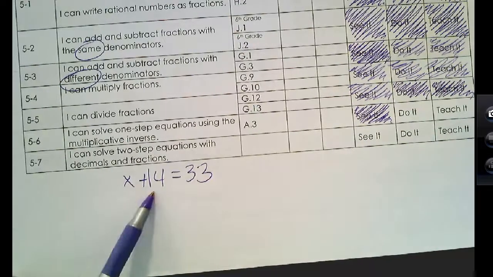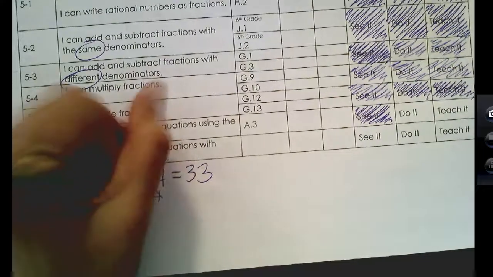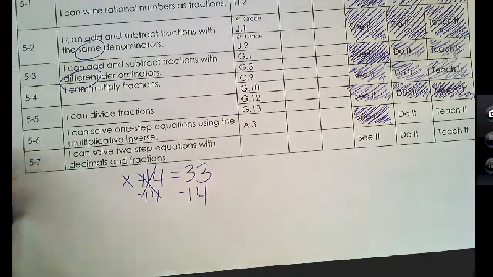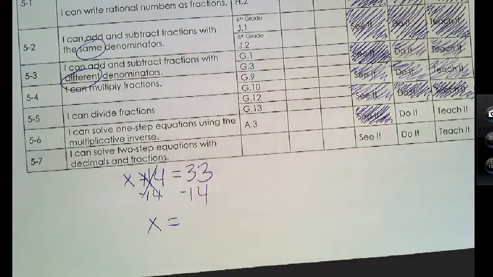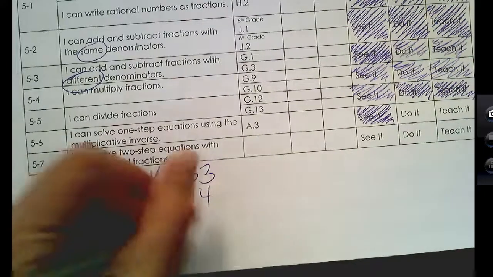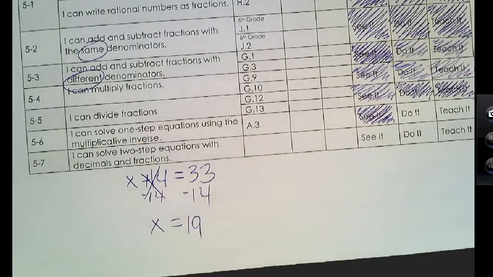So what's the opposite of adding 14? Taking it away, right? So we're going to subtract 14. And we have to remember that we have to subtract the 14 from both sides. So whatever you do to one side, you have to do to the other. Yep, you've got to do it to both sides. So we get x is equal to, let's see, 23, 19. x is equal to 19 for that one.